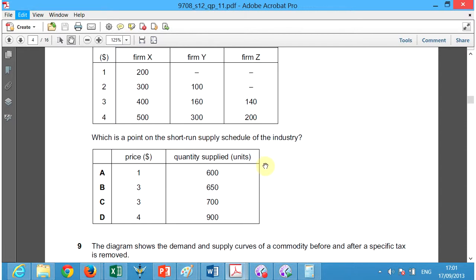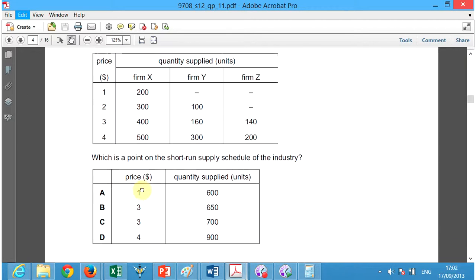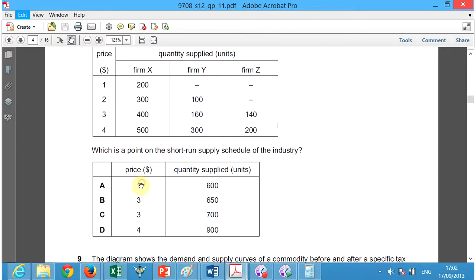Well, we just add horizontally, and we find that the only one that makes sense is C. At the price of 3, I add 400 plus 160, that's 560, plus 140, that gives me 700. At the price of 3, I get 700.